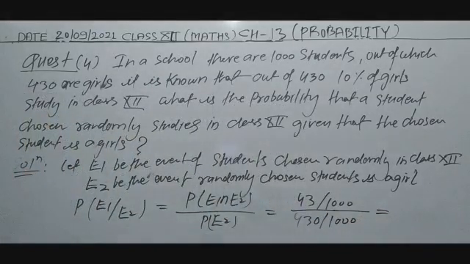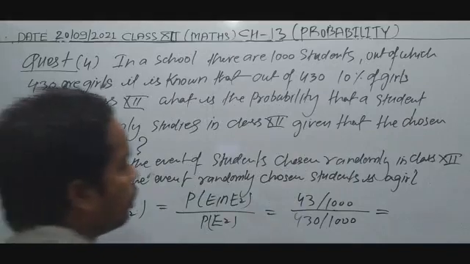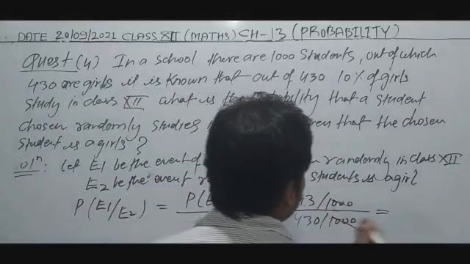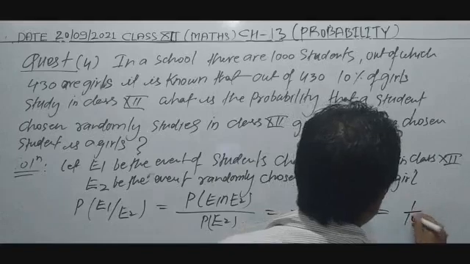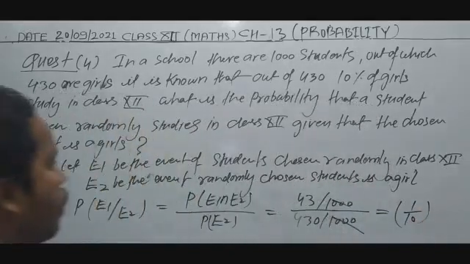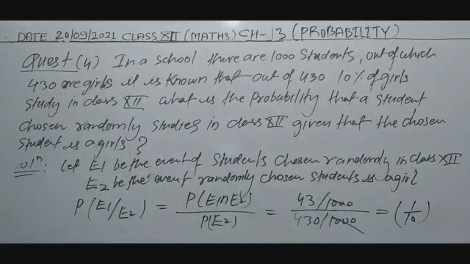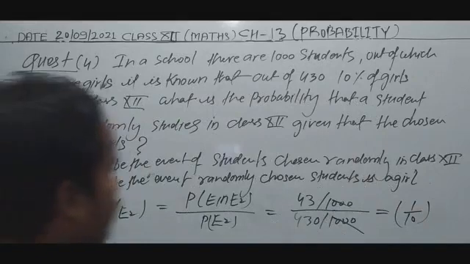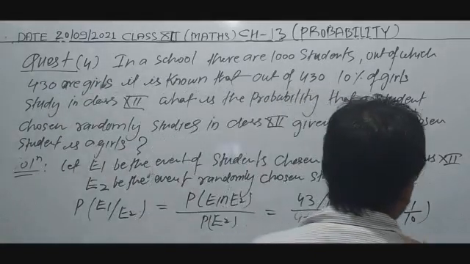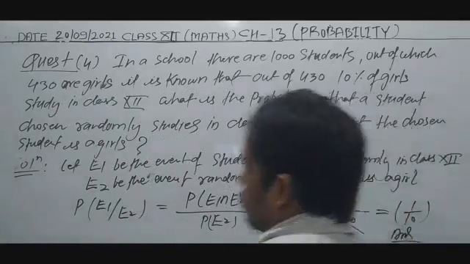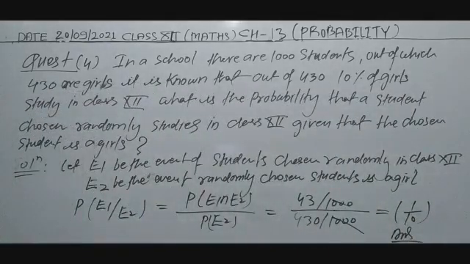After calculation, 1000 will cancel out and 43 by 430 will be 1 by 10. Now this will be the answer. Now this question is completed.